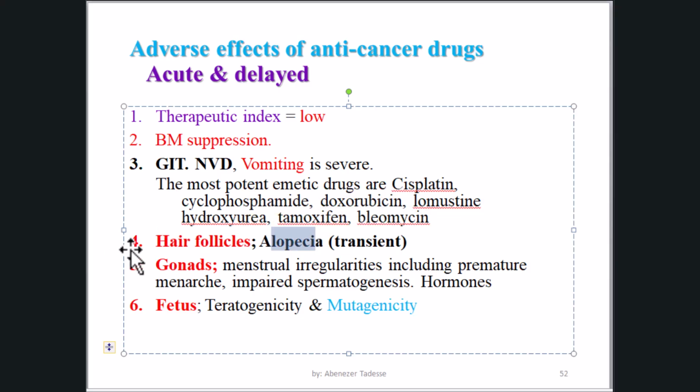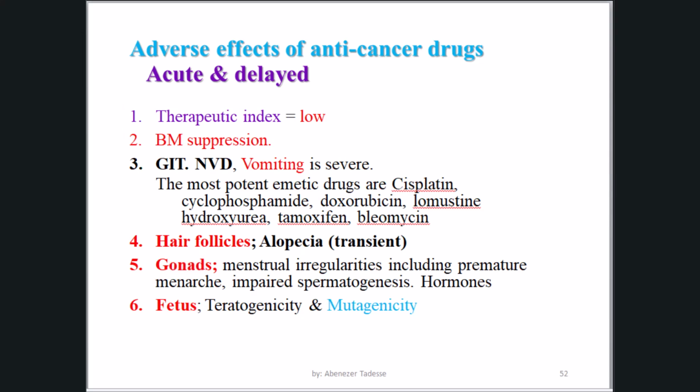The other one is gonadal effect, so they can affect the menstrual cycle and spermatogenesis. The other one is the fetus. On the fetus, all anti-cancer medications are associated with teratogenicity because they have cytotoxic effects, so they are not recommended at all.